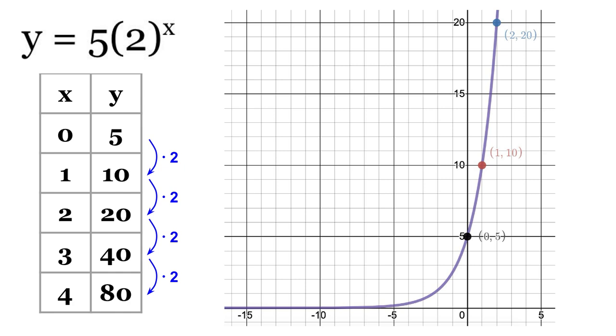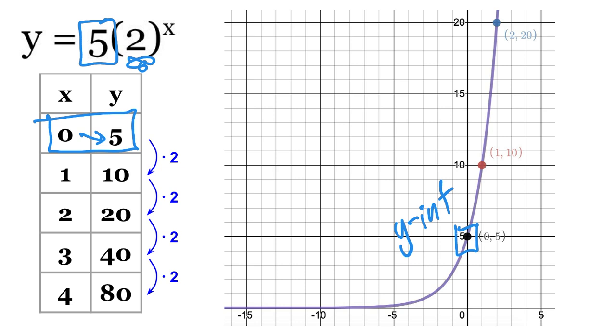Now think about where all of the numbers are. So this 5 right here is considered our y-intercept because it shows up as the 0 value across. From 0, we get 5, which that's this point right here, which we call the y-intercept. Okay, then each of these numbers, this 2 is your multiplier. So you'll notice that as we go through this, this is multiplying by 2 every time.